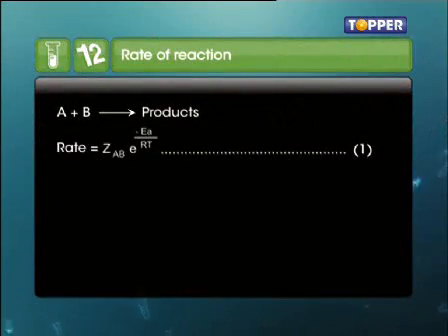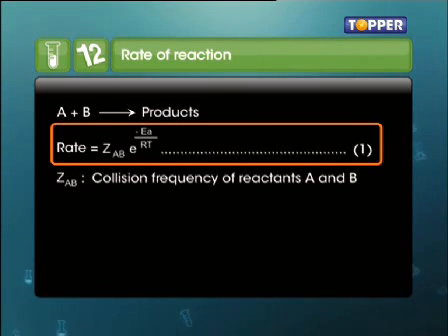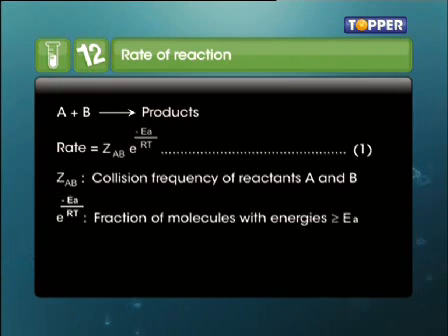Let's see how to calculate the rate of the given reaction with reactants A and B using what we have just learned. The rate of reaction showing the relation between activation energy and collision frequency is given by equation 1, where ZAB is the collision frequency of reactants A and B. E raised to the power minus EA over RT is the fraction of molecules with energies equal to or greater than activation energy EA.